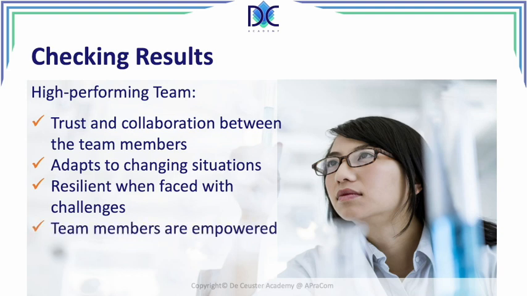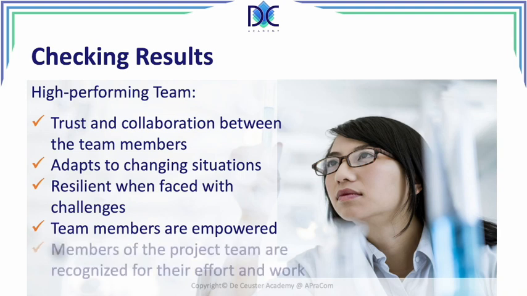The team members are empowered. They get the freedom to work in the most optimal way. So empowerment is also a very important indicator of a high performing team. And the members of the project team are recognized for their effort and work.